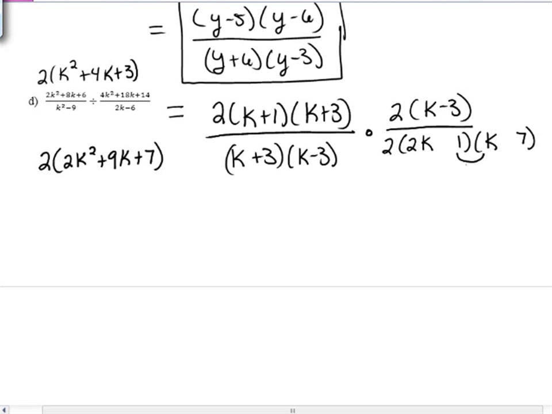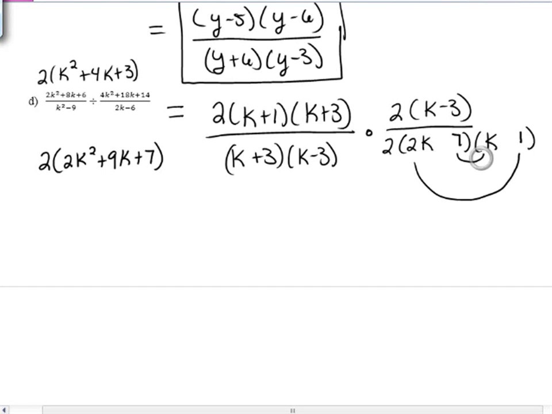So when I do my FOIL from the inners, I'll get 1k, and when I do the outers, I'll get 14k. We need a 9k in the middle, and this will give us either a positive 15 or a negative 15. So I have my 1 and my 7 in the wrong place. So I'm going to switch those. Put the 7 in the first set of parentheses and the 1 in the second.